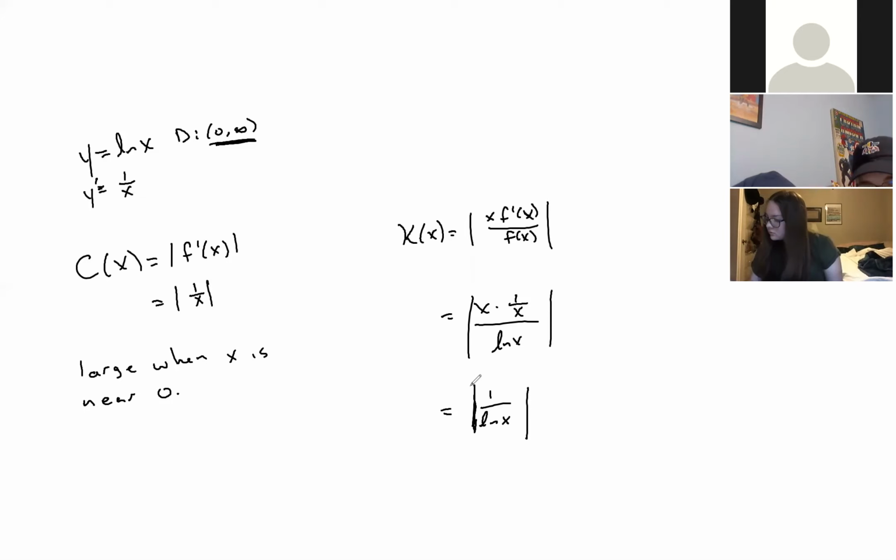Here again, if I want to say when the relative condition number is large, what would make this be a big number? For the bottom to be a small number, close to 0. So this is large whenever natural log of x is close to 0, right?